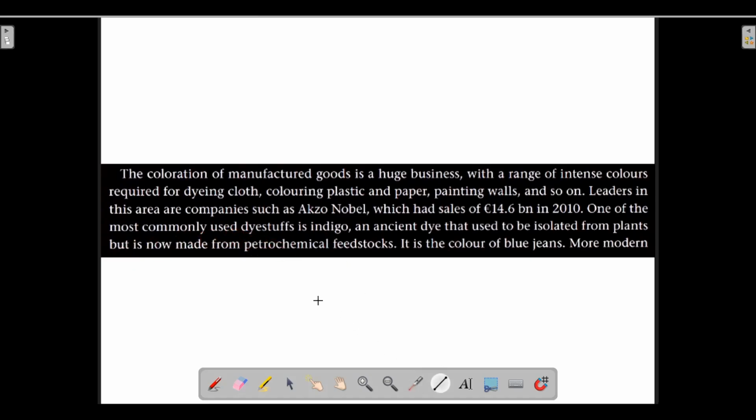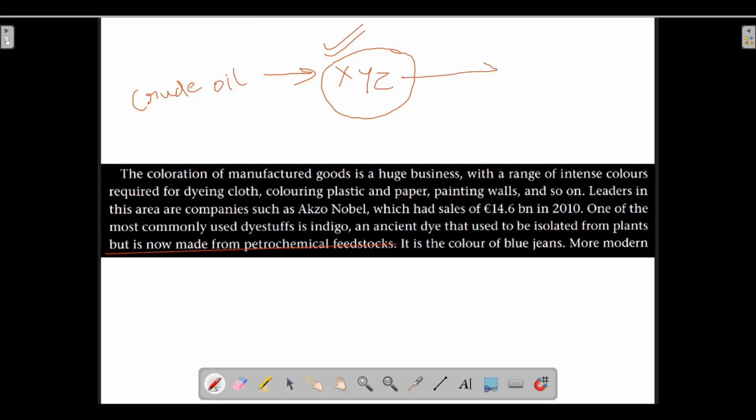Petrochemical feedstocks, what does it mean? Now indigo is made from petrochemical feedstocks. It means that from crude oil we will obtain some material, some XYZ material. From crude oil we obtain many materials, and using those materials as the starting product, as the reactant, indigo is produced.